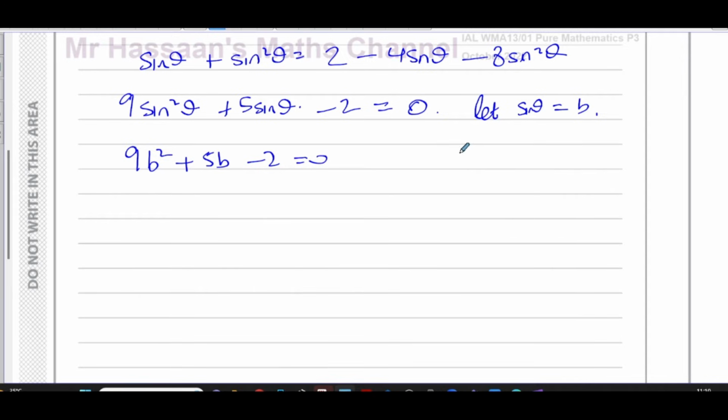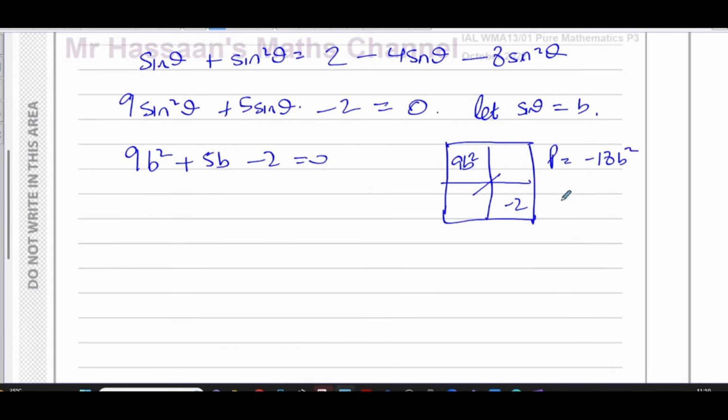So I can say here that I'm going to factorize this. To factorize this, I like to use this little method here. So I have 9b and minus 2. Let's see if it factorizes first. That gives me minus 18b squared.